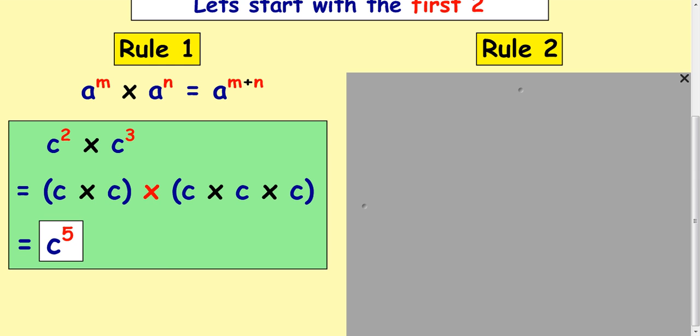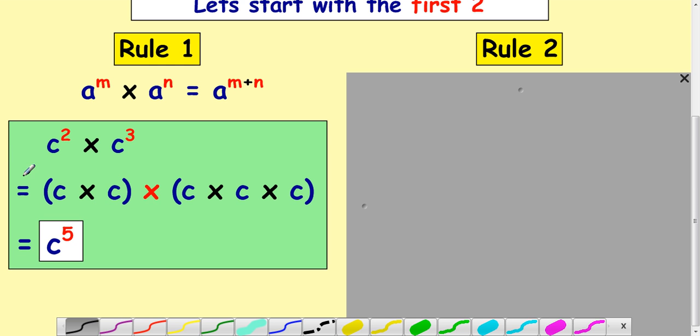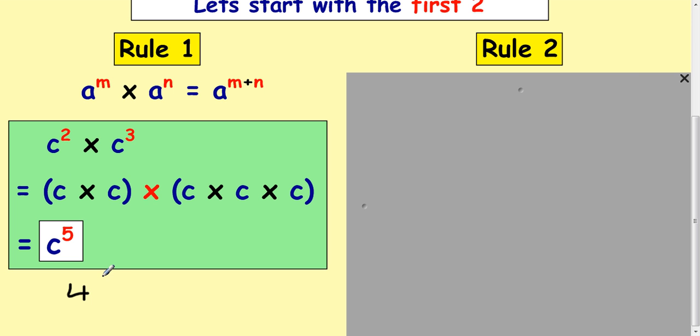And that works for numbers as well, as long as the numbers are the same, the numbers at the bottom, called your base if you like. So as long as it's 4 to the power 2 multiplied, as long as the next number is also a 4, then that would work out as 4 to the power of 5.